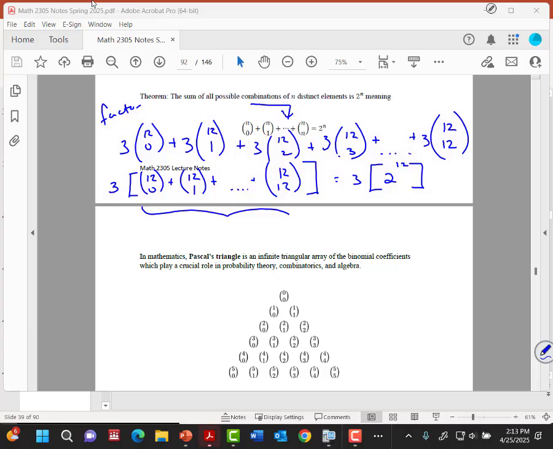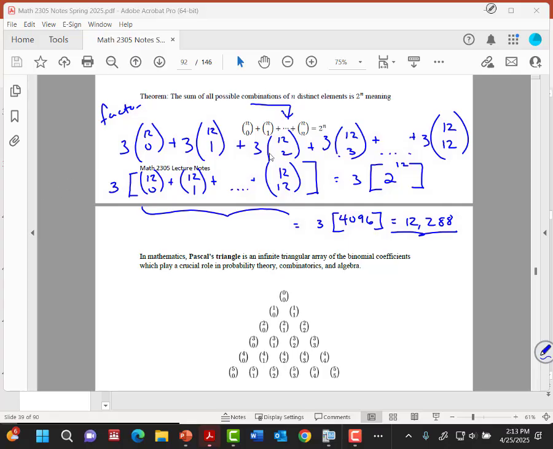2 to the power of 12, which would be 4096. So 3 times 2 to the 12th power, if I multiply those together, is 12,288, which simply would mean the total number of pizzas that I could make, including sizes, small, medium, or large, and number of toppings, 0, 1, 2, 3, 4, all the way up through 12.